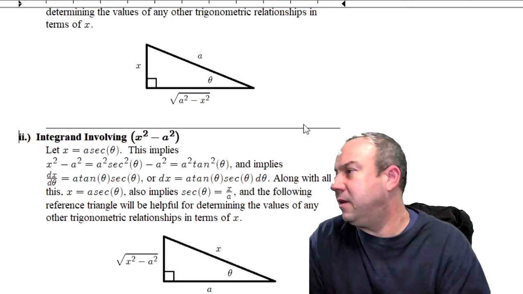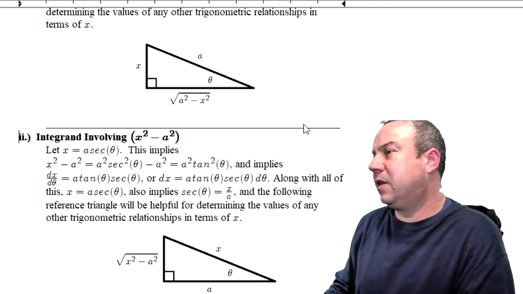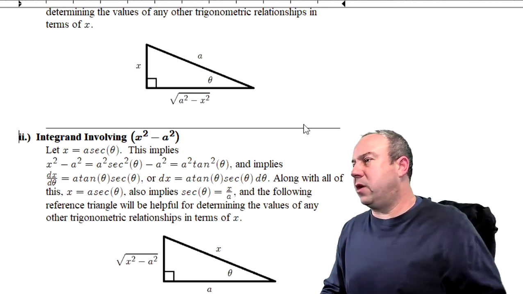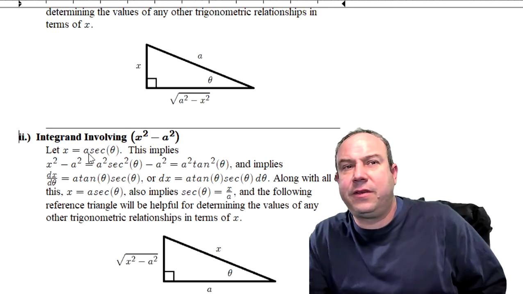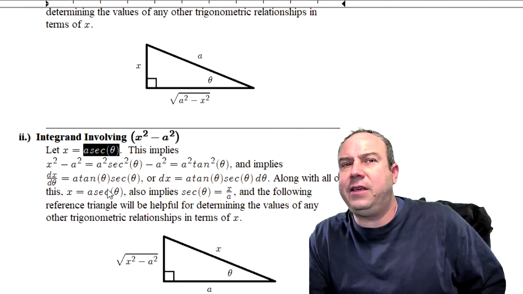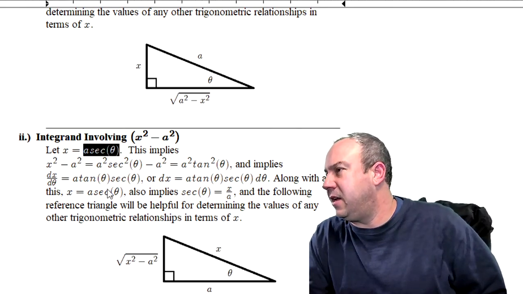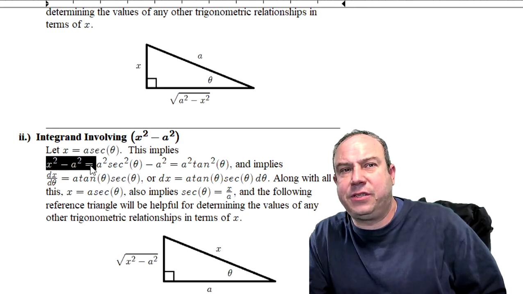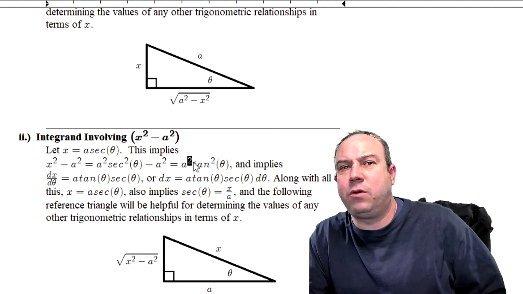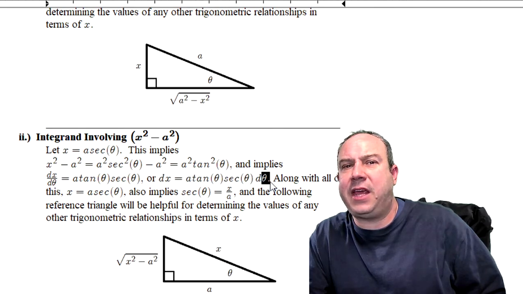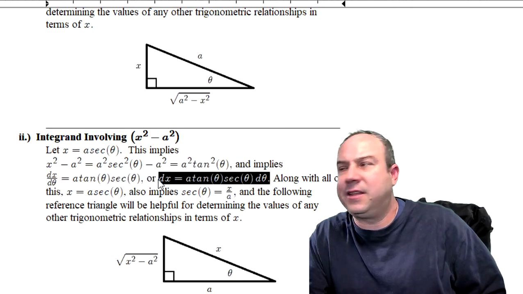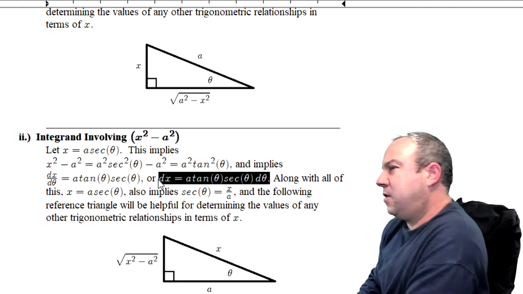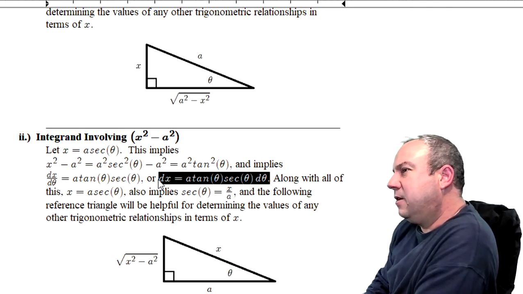Here's the second. Case for x squared minus a squared. In that case, you let x equal a secant theta. That has the following implications. x squared minus a squared will be a squared tangent squared theta, and dx will become a tangent theta secant theta, as noted here initially.